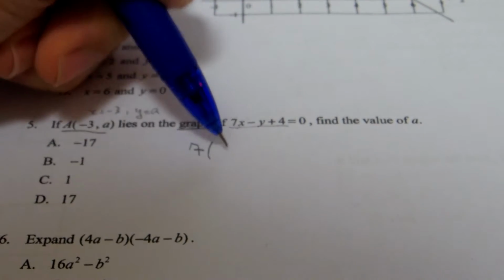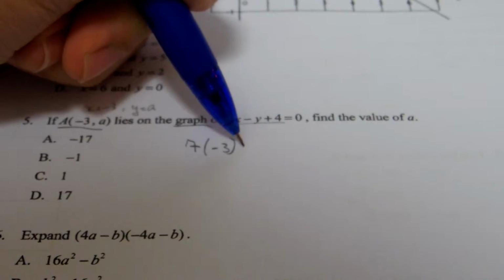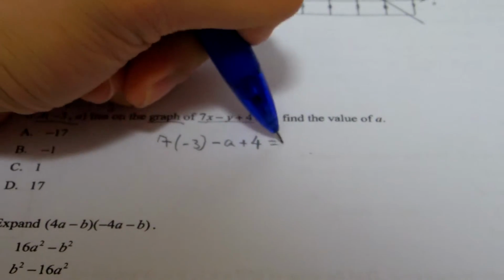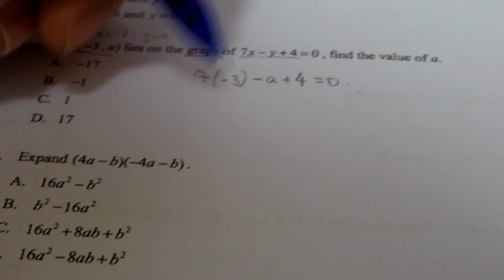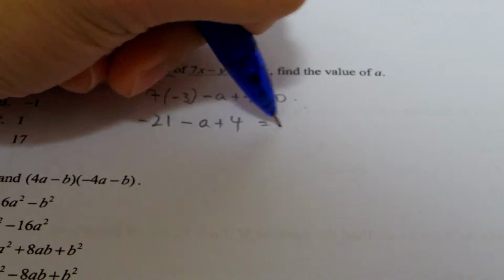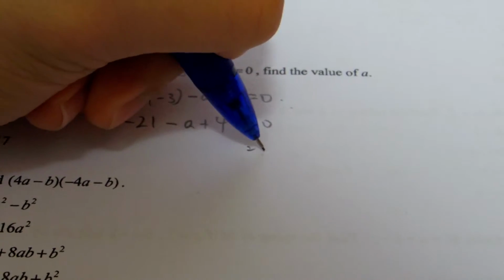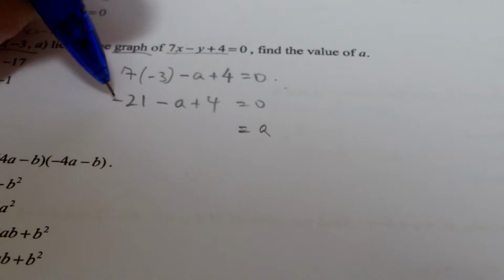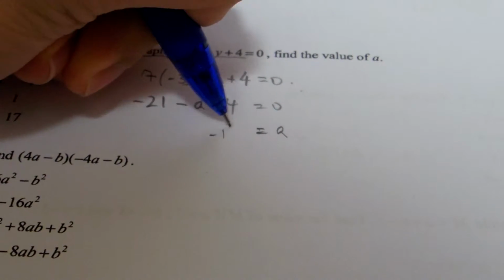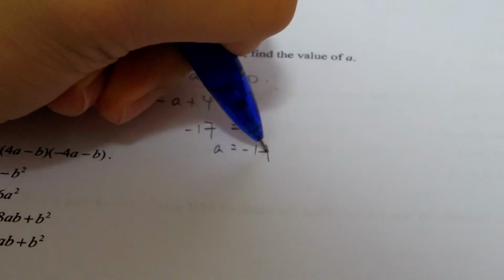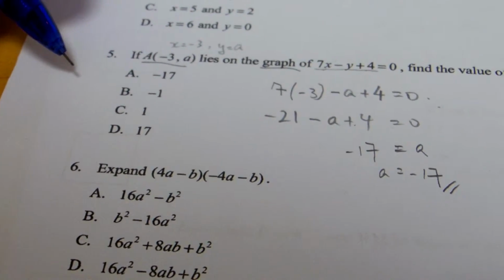When we put x equals -3, minus a plus 4, we'll get 0. So when you have this one, and we have a here, and -21 plus 4, which gives you this. So the answer should be A.